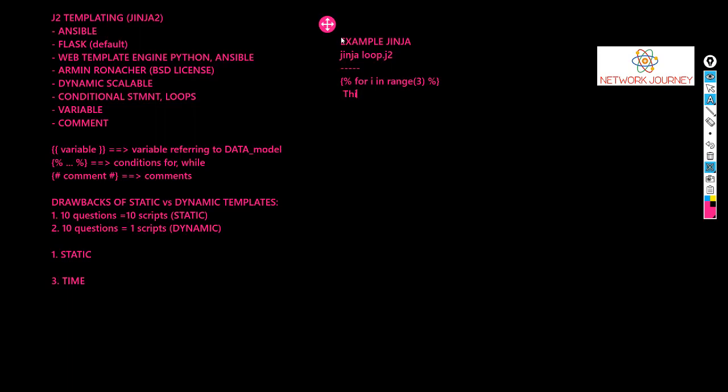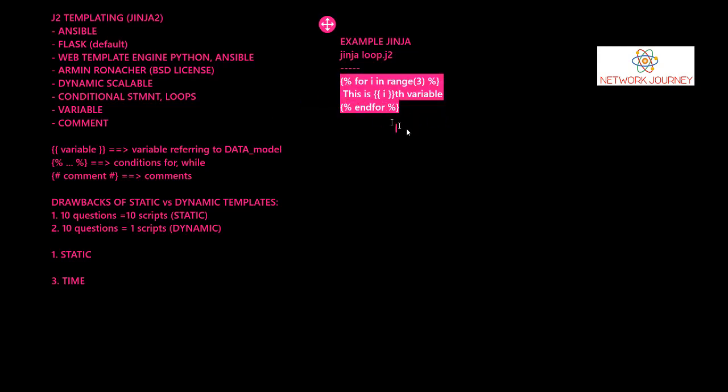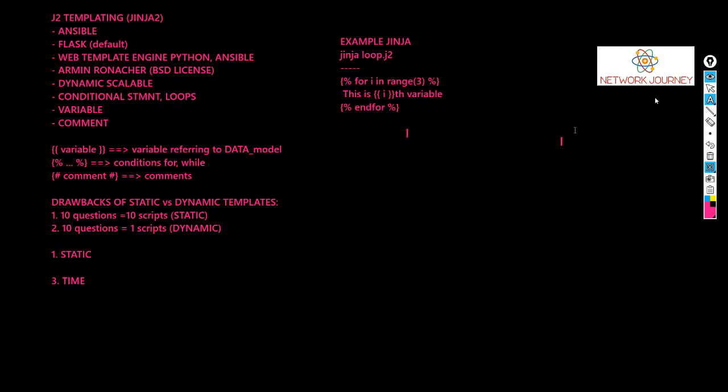We say this is some variable, because I have called a variable here, right? So I have to call that. So I say for, variable, and we need to close this with endfor. So this is one of the templates used for writing a basic for loop.